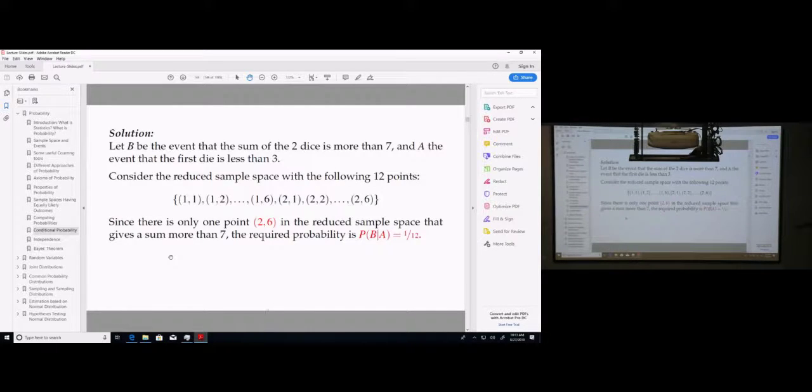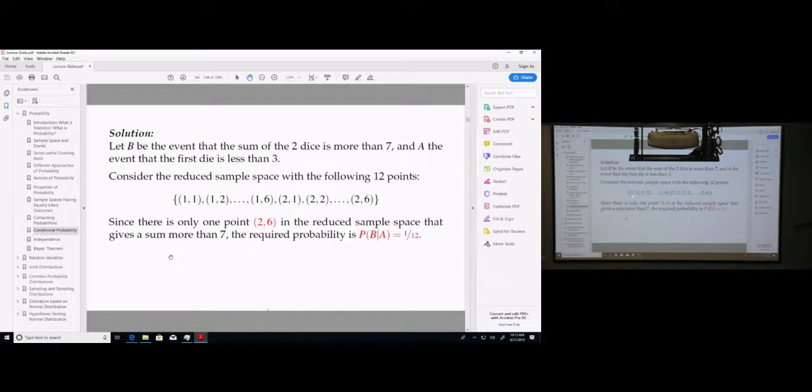But let's try this. Let B be the event that the sum of the two dice is more than 7, and A is the event that the first die is less than 3. So we consider the reduced sample space with 12 points. What it means is that the first die must give you either 1 or 2. It cannot give you anything more.